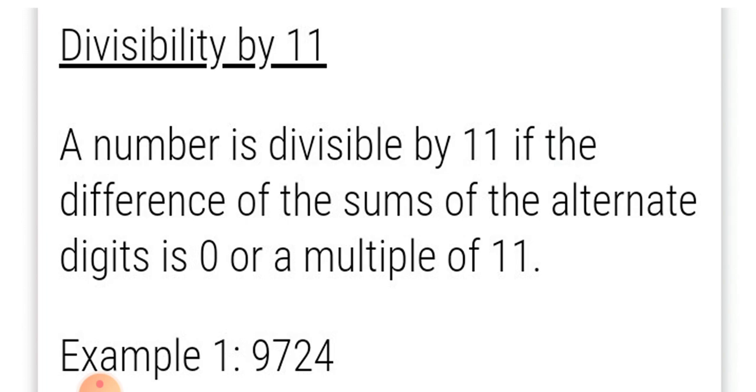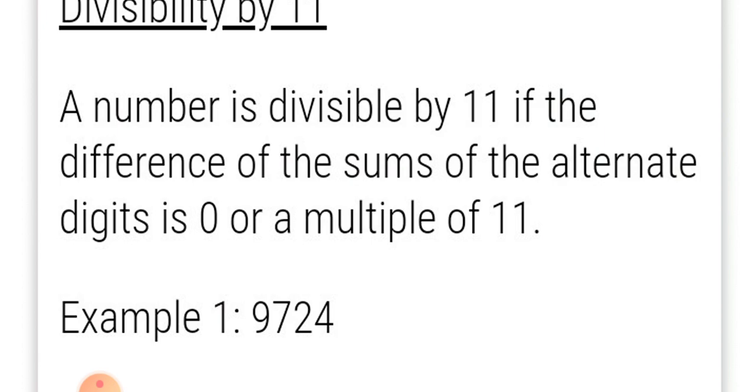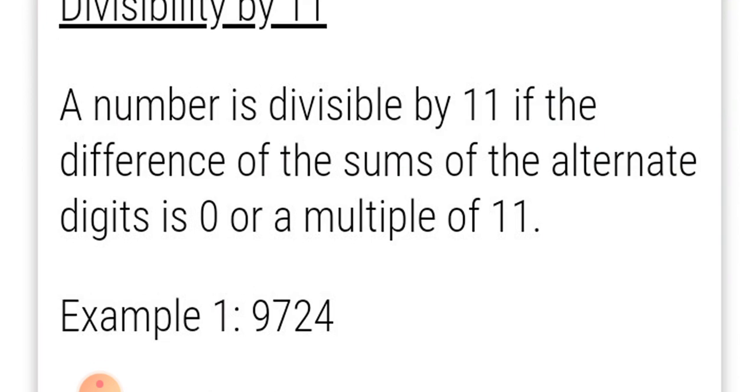A number is divisible by 11 if the difference of the sums of the alternate digits is 0 or a multiple of 11. Okay, children, so everyone read it carefully. A number is divisible by 11 if the difference, means you have to do the subtraction, isn't it?